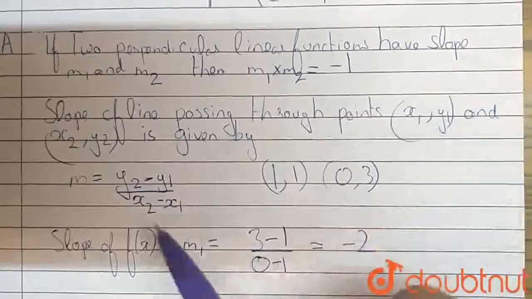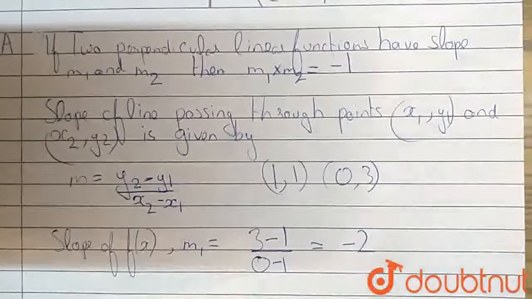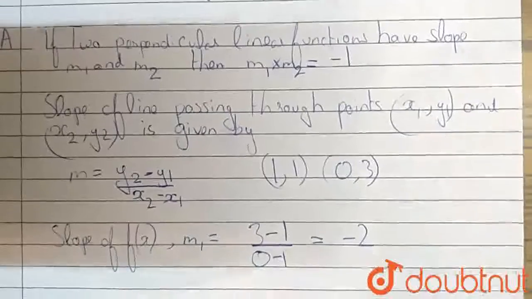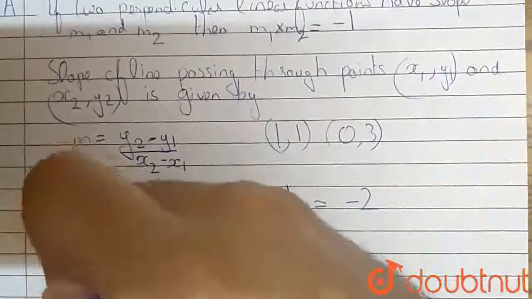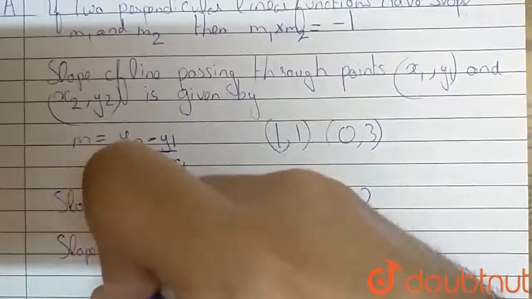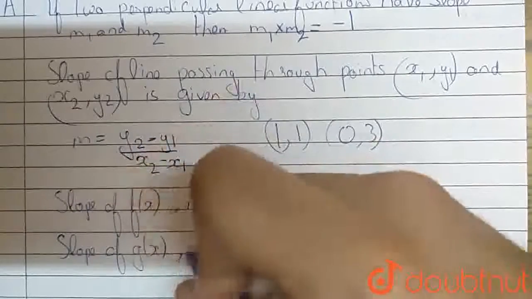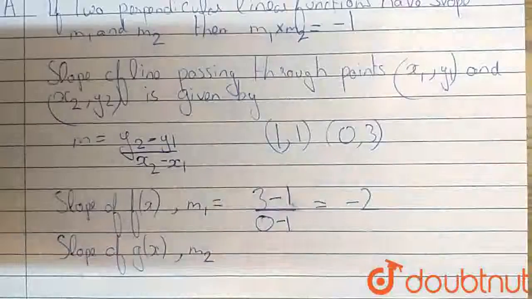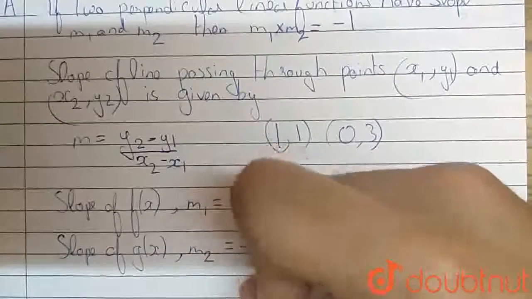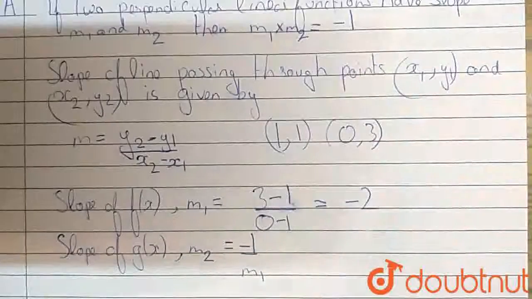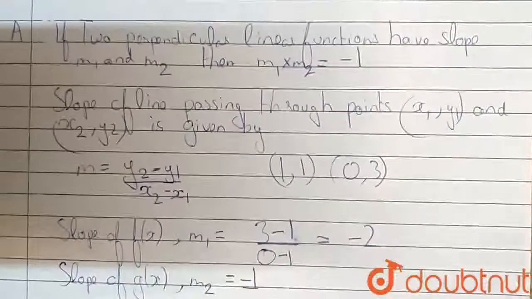Now that we have the slope of f(x), since we know that g(x) is perpendicular to this line f(x), we can get the slope of g(x), which is represented by m2, is equal to -1 by m1. This we have gotten from this one.